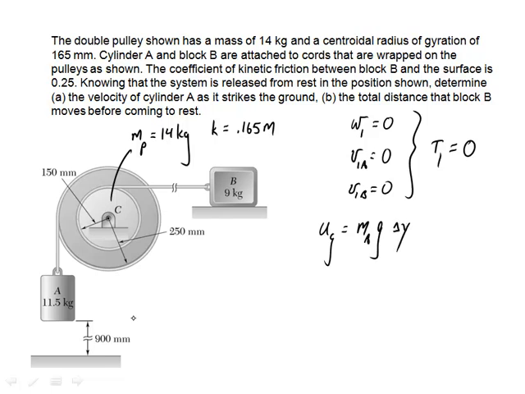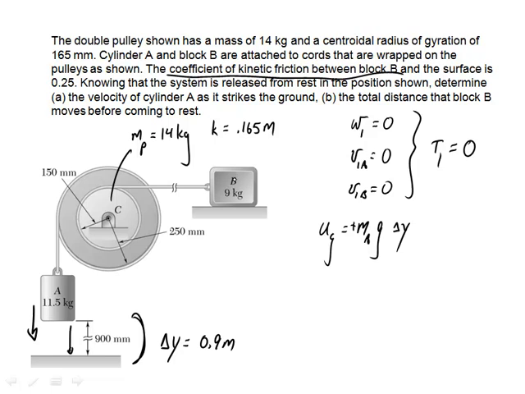And we're given in the problem here that delta y is equal to 0.9 meters. The object is falling, so the delta y is down, mg is down, and so the work here will be positive.